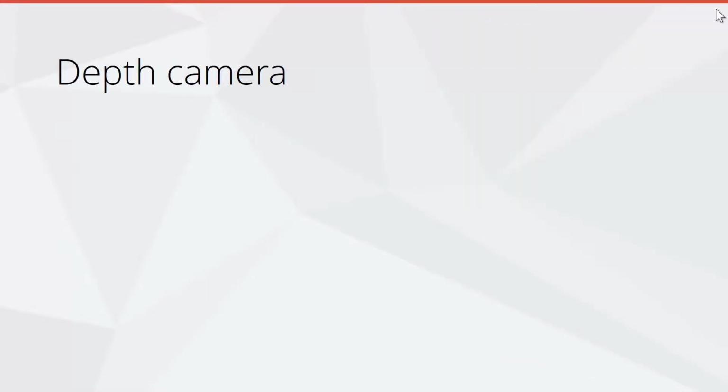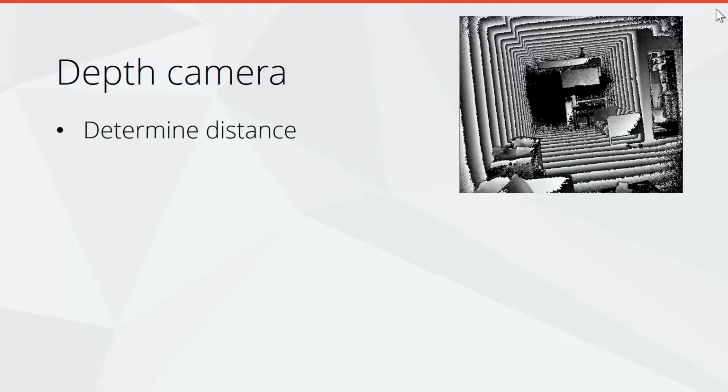And the next one is the depth camera. So the depth camera has a little bit interesting view on the world. It basically sees each pixel in millimeters. So here you have my room. You can see a sofa here, and this is a corridor.